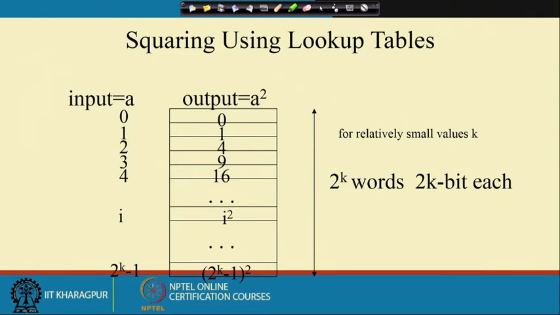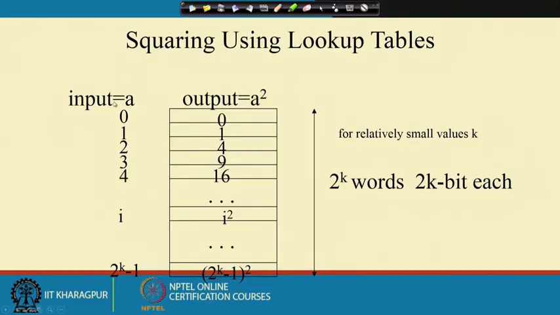So, I do not have to use any extra logic gates or logical terms to produce the corresponding squaring of the numbers. But this is advantageous when the length of the input I am considering is smaller, because for 4 bits I will get 16 numbers. So, in the ROM table the depth of the ROM will be 16.